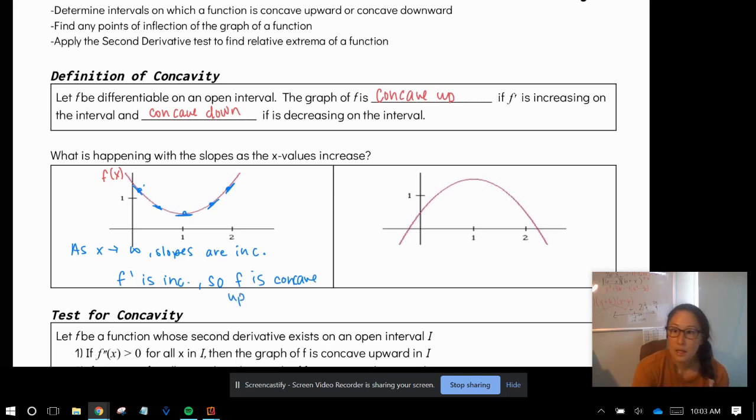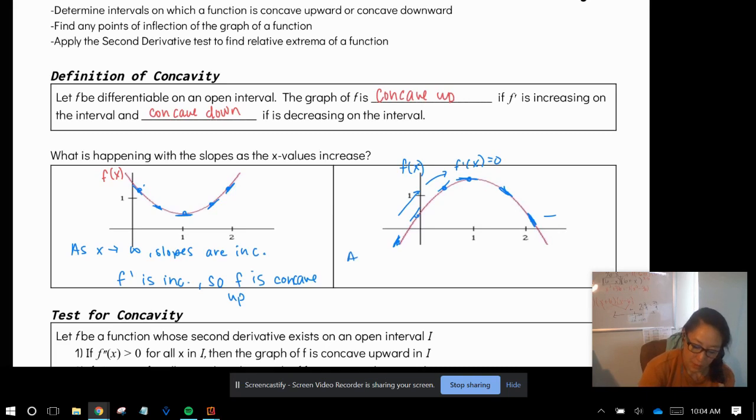So we'd say f prime is increasing, so f is concave up. Now let's look at when the graph is concave down. For the graph of f of x, let's look at the slopes by sketching in some tangent lines. We start very positive, move to an f prime of 0, and then the slopes get really negative.